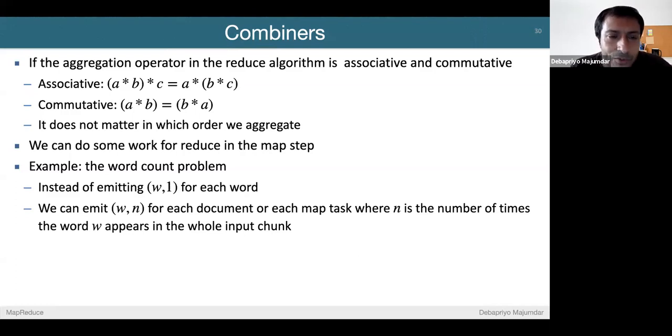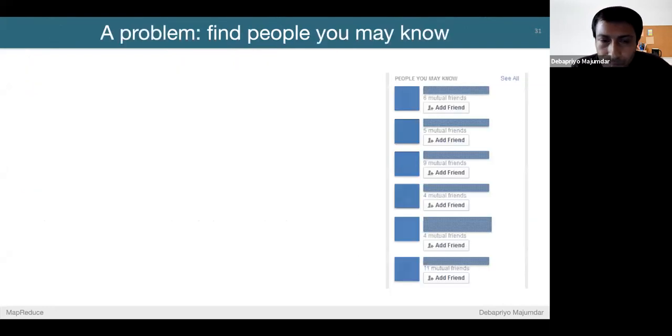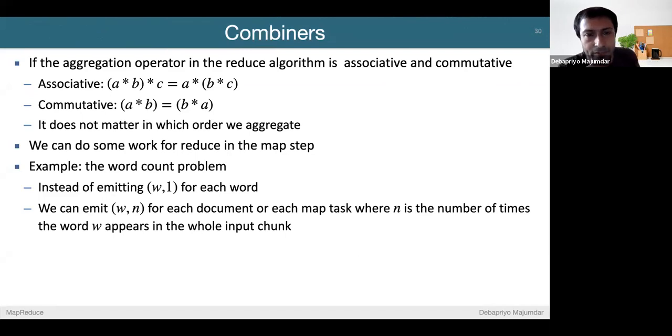So you can emit W, n for each document or each map task, where n is the number of times the word W appears in the whole input chunk. Then you have done the local computation and you output fewer key value pairs, and we'll see a bit later that will help us a lot.